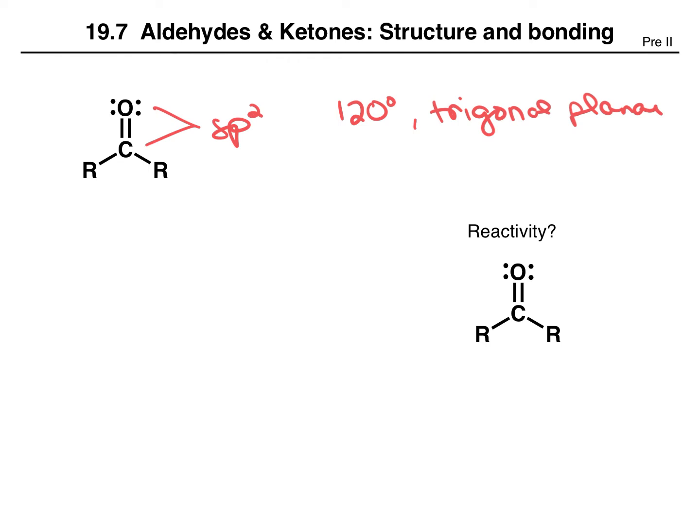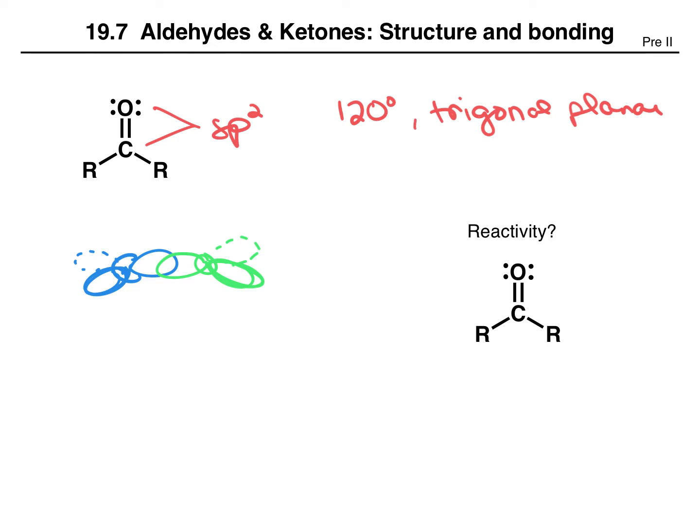Now, as we think about what this looks like together, here we have an sp2 hybridized carbon. So here's an sp2 orbital, here is an sp2 orbital coming forward, and here's one going back. And then here is our oxygen with an sp2 orbital, an sp2 orbital coming forward, and an sp2 orbital going back.